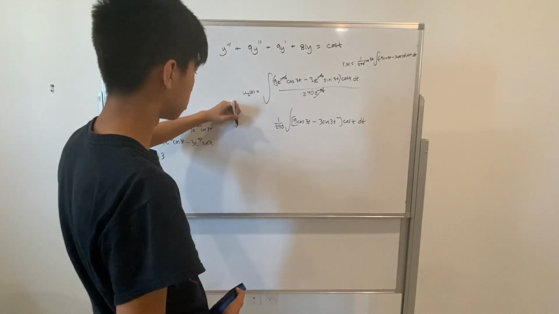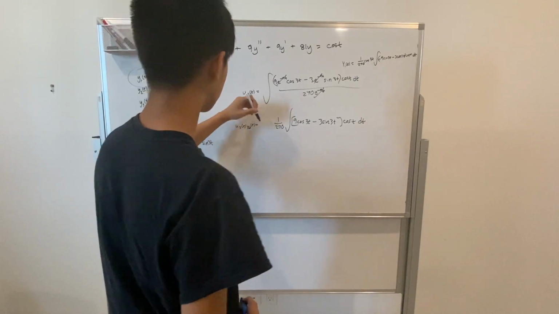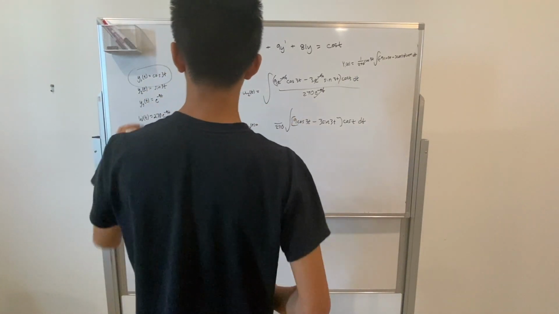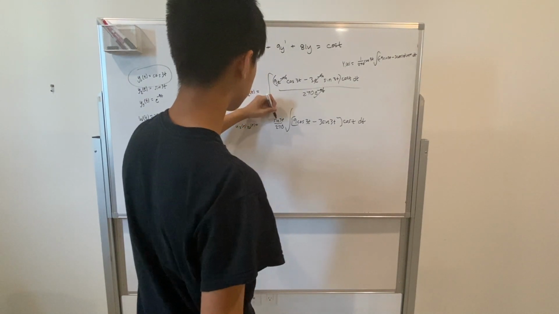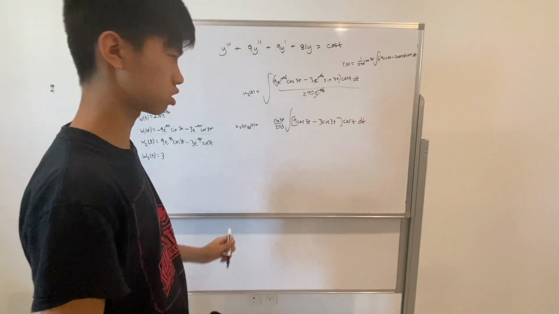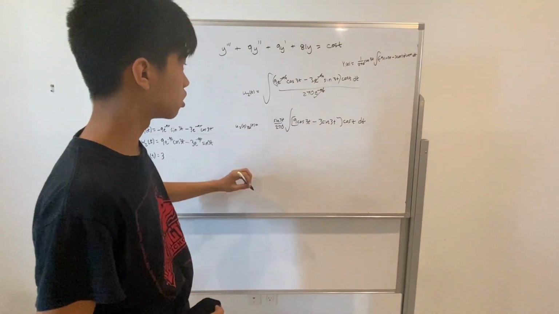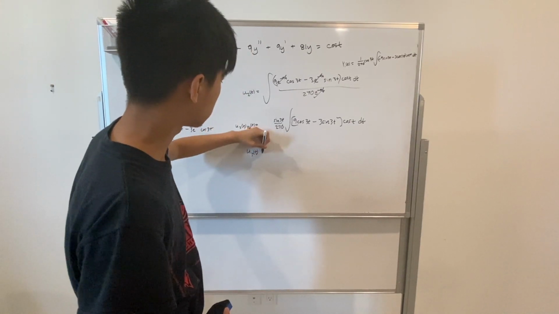That is our second solution. Well, no, not yet. Remember, we have to multiply by y2 of t. So we would just add sine of 3t, and that would be our second solution. So let's just find u3 of t while we're at it.